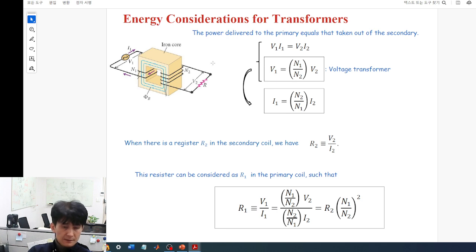Let's say if there is an R1 connected to the first circuit.